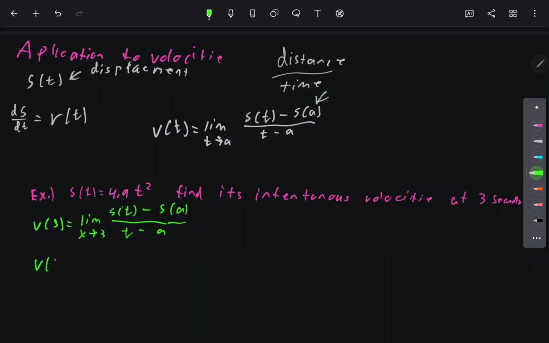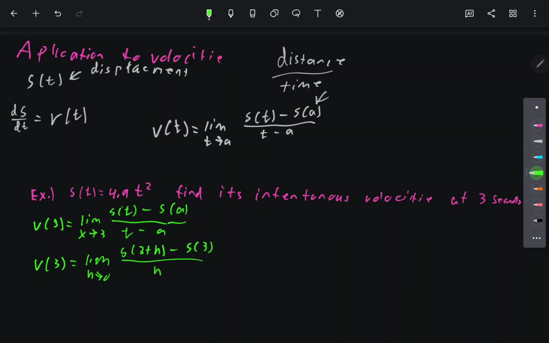So we're actually going to say v of 3 is equal to the limit as h approaches 0 of s of 3 plus h minus s of 3, all over h.